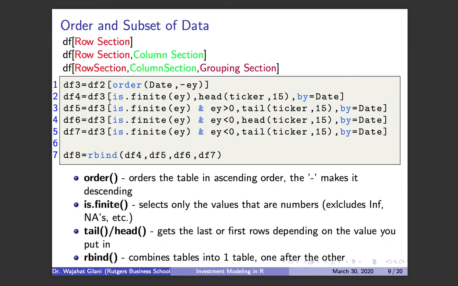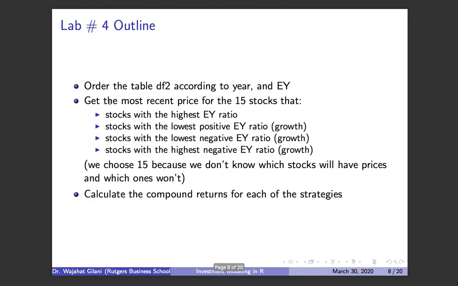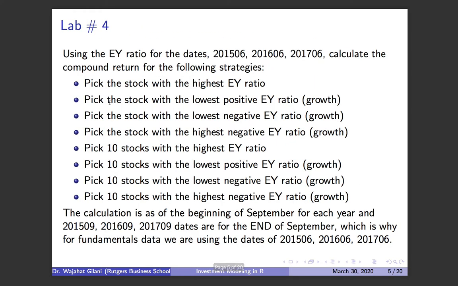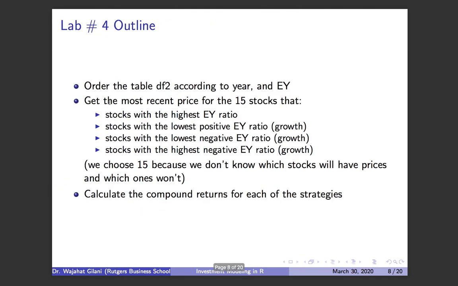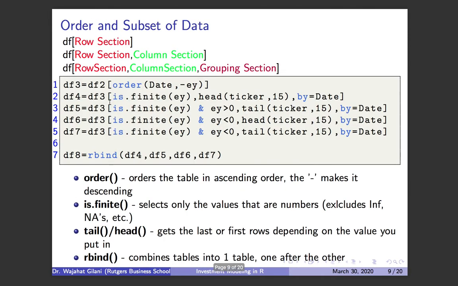The first 4 strategies are just 1 stock, but the last 4 strategies are going to be 10 stocks. So the reason I'm checking 15 is just in case there are some tickers missing.